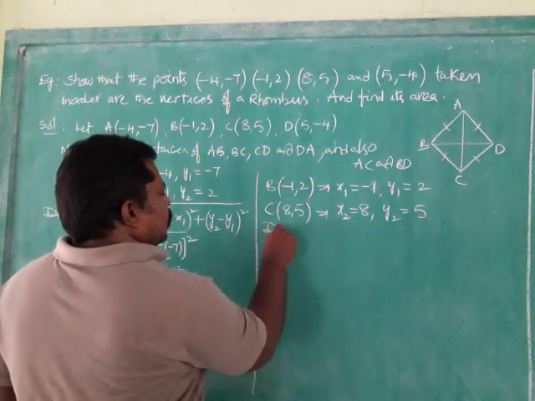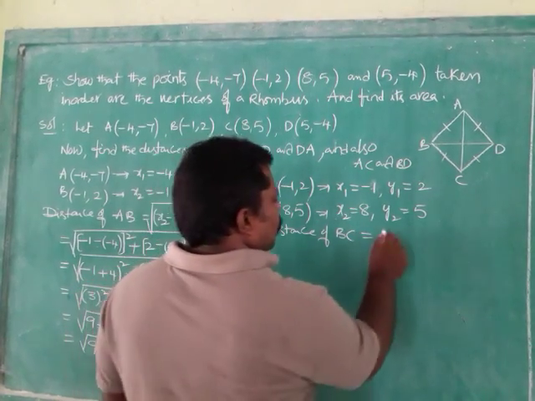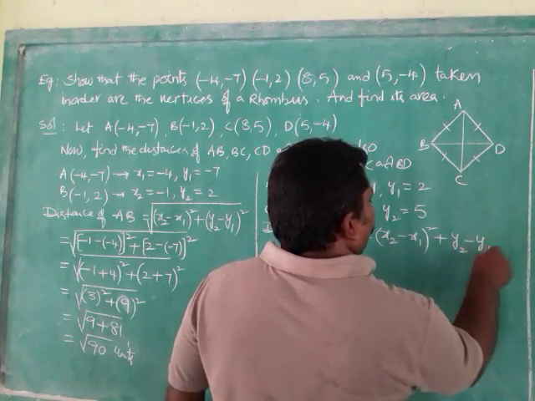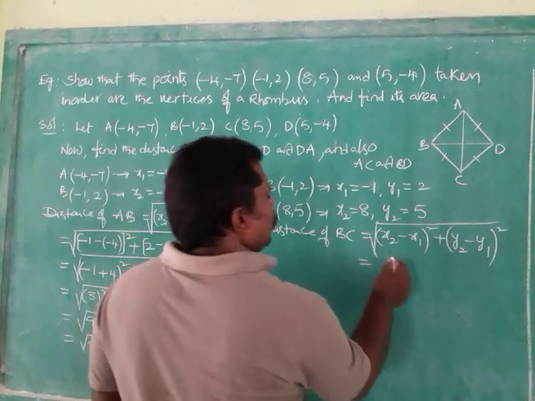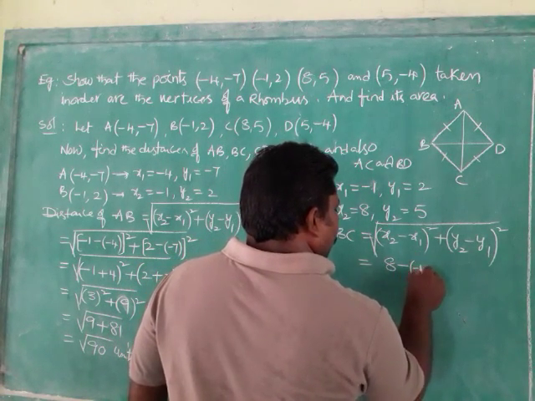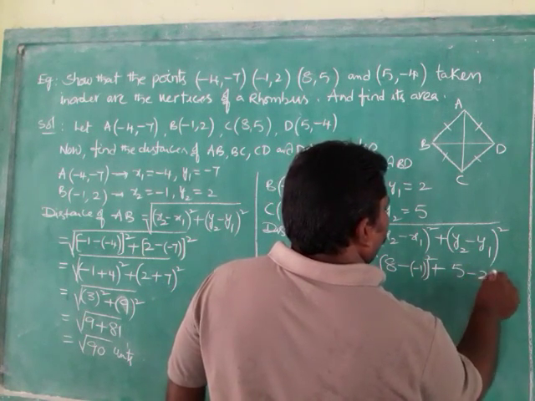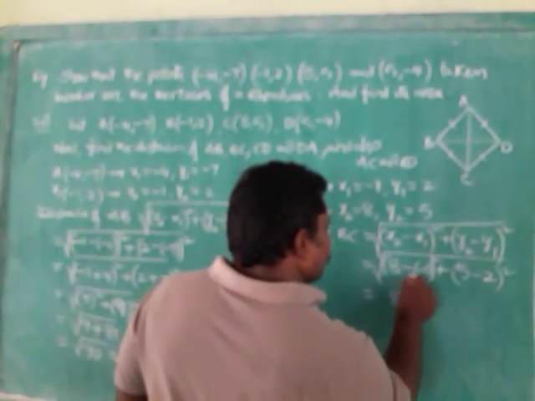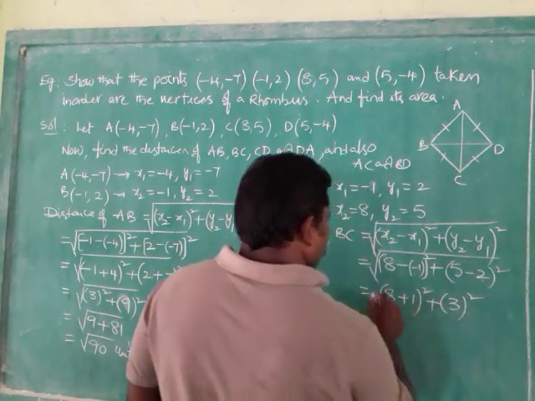Okay, distance of BC is equal to, same formula, square root of x2 minus x1 whole square plus y2 minus y1 whole square. x2 value is 8, x1 value is minus 1, minus of minus, whole square, plus y2 value 5 minus y1 value 2 whole square.